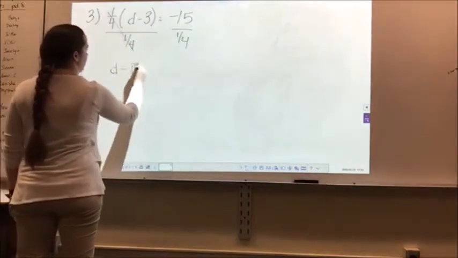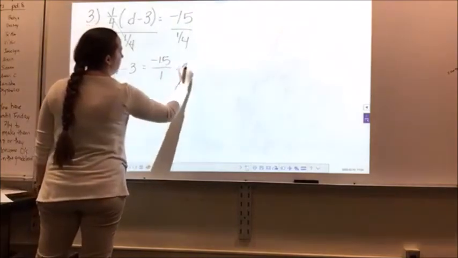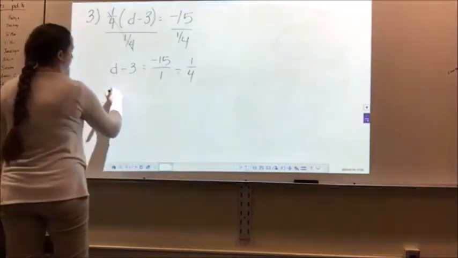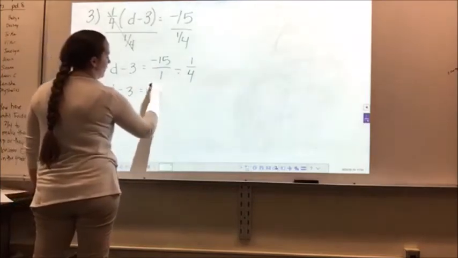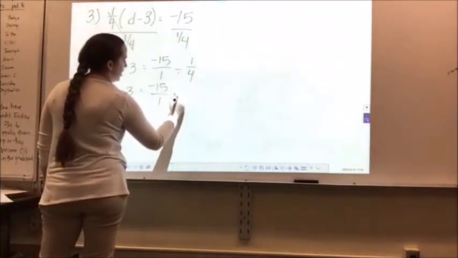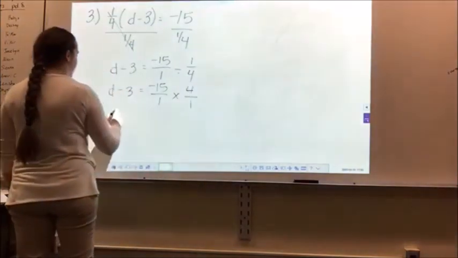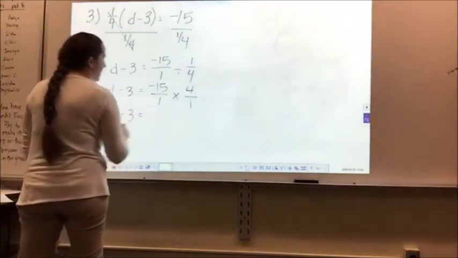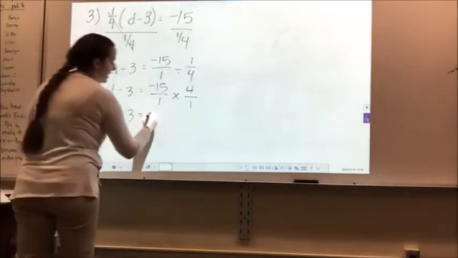I'm left with d minus 3 equals negative 15 over 1 divided by 1/4. I keep my first, change my division to a multiplication, and flip my second fraction. Negative 15 times 4 is 60, negative 60.